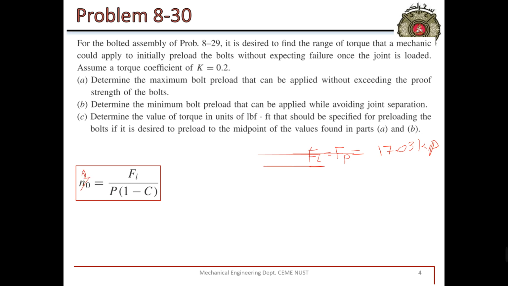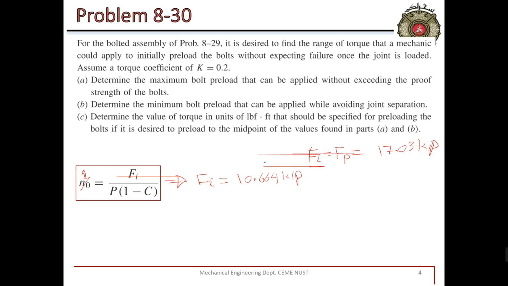If we substitute this value equal to 1, we will get the minimum amount of Fi required. In the previous problem, we already have the value of C, the value of P, so we can calculate Fi. So Fi comes out to be 10.664 kip.